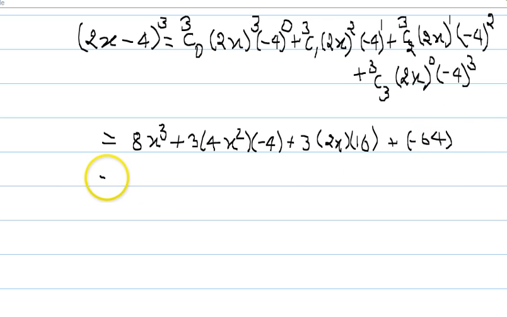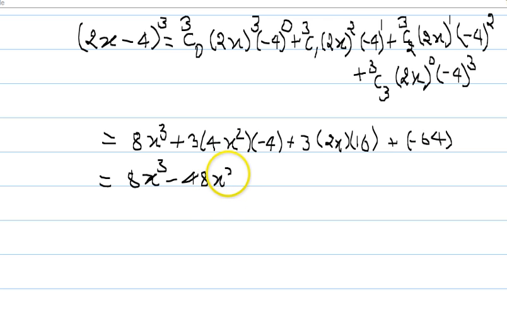Now I am going to simplify the remaining multiplication and write the answer. The first term I am going to write as it is, 8x cubed. Now, minus times plus will be minus over here. If I multiply 4 times 4 times 3, it will become 48x square.